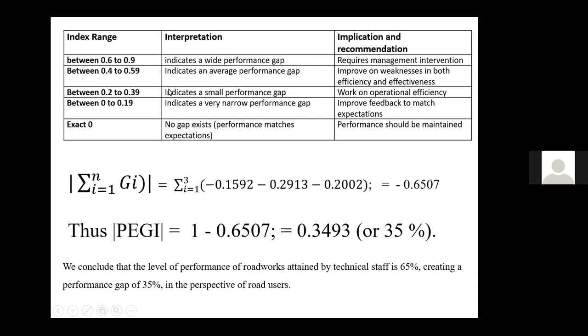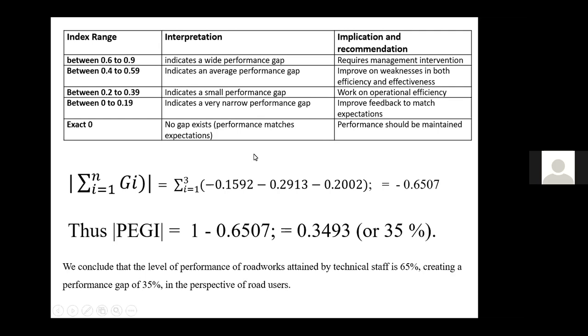For instance, if a gap is between 0.4 to 0.56, it indicates an average performance gap, and therefore there's a need to improve on it. A gap in the range of 0 to 0.19 indicates a very narrow performance gap, and therefore there's a need to improve feedback to match expectations.